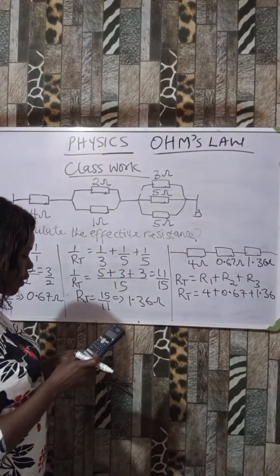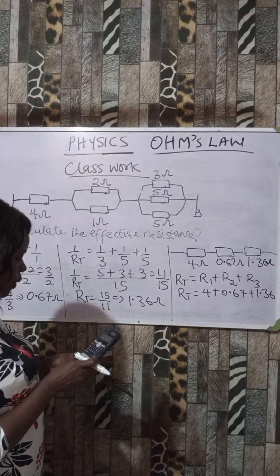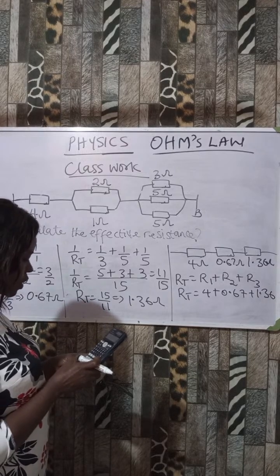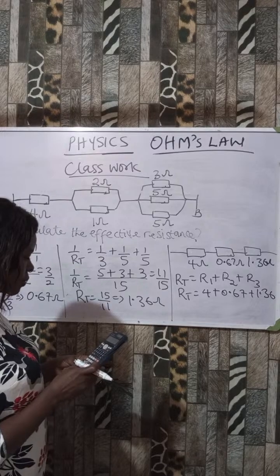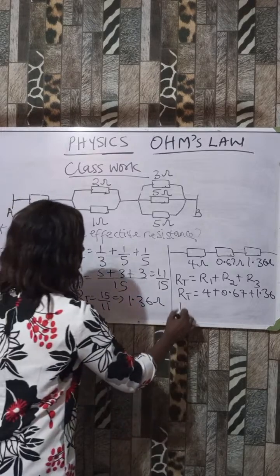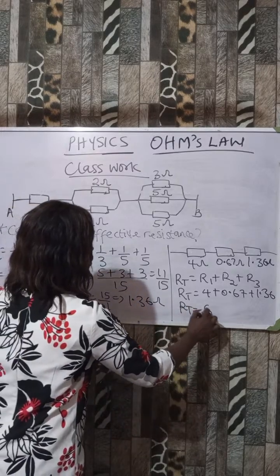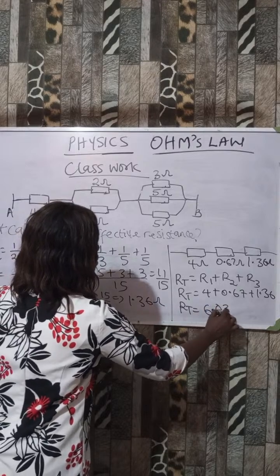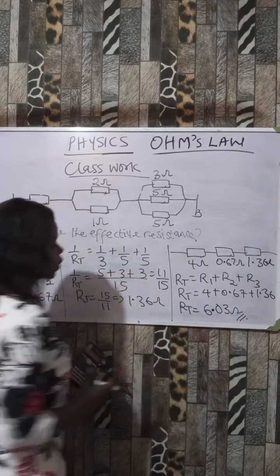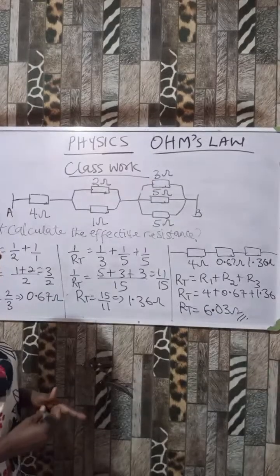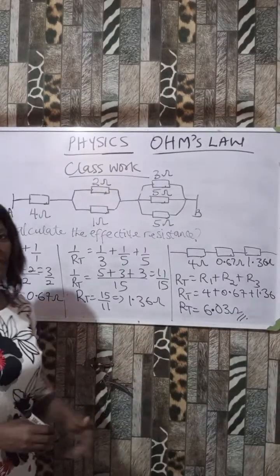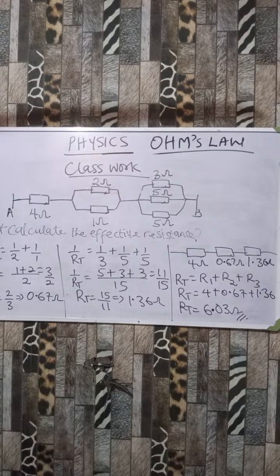We have 4 plus 0.67 plus 1.36. So my R total is equal to 6.03 ohms. Do you understand? So this is my effective resistance.